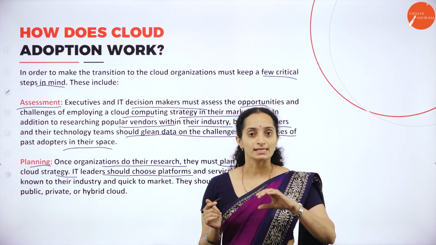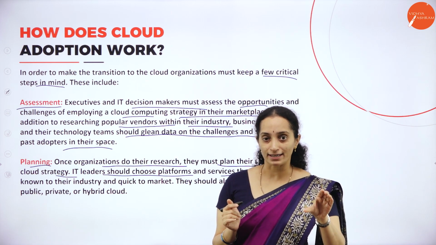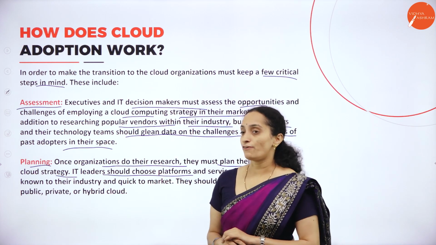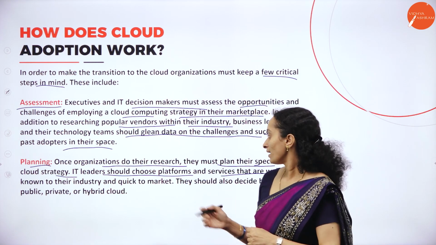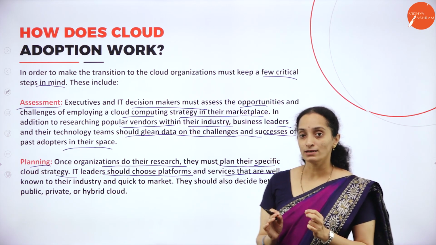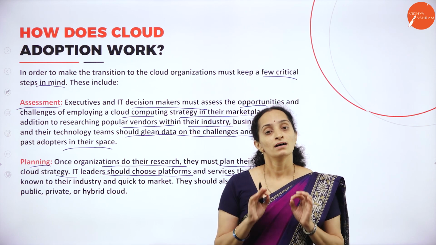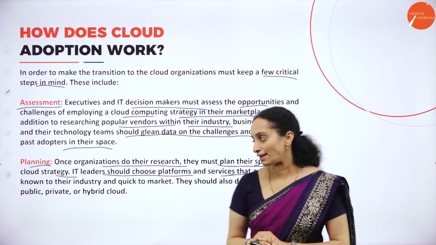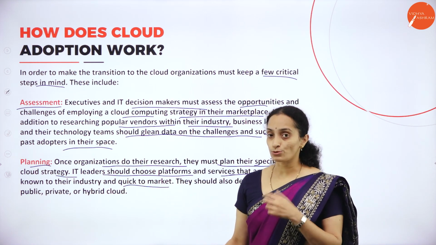Before purchasing or subscribing to a particular service with a particular vendor, the team of the organization must decide what kind of service they need and from which vendor they have to have this service, which are known to their industry, according to their industry, and quick to market.